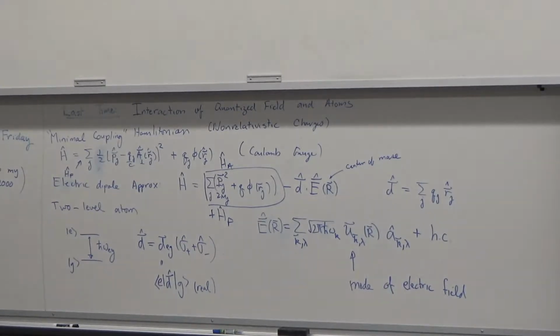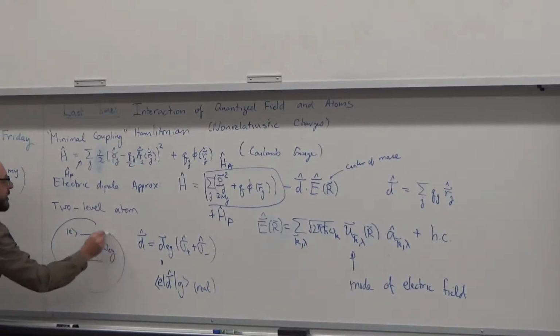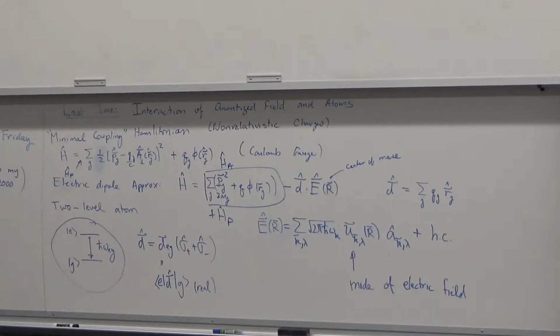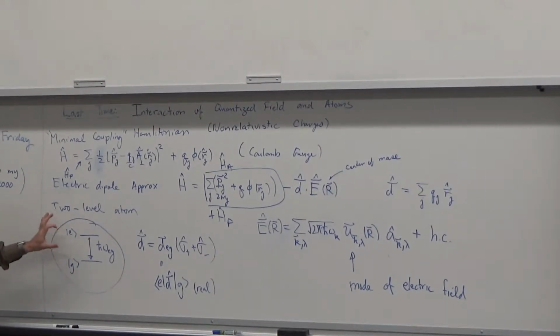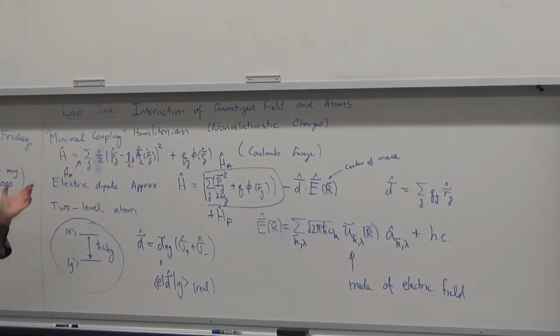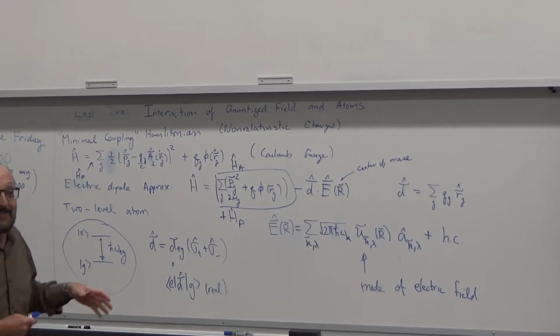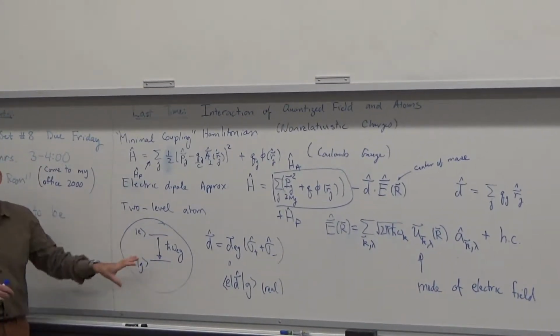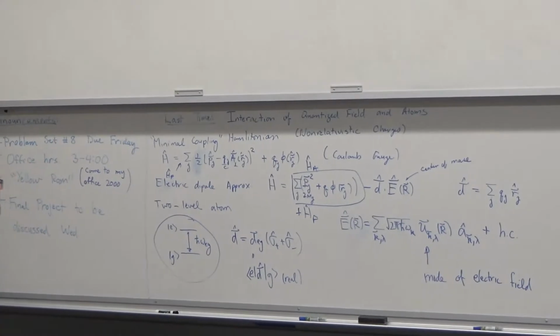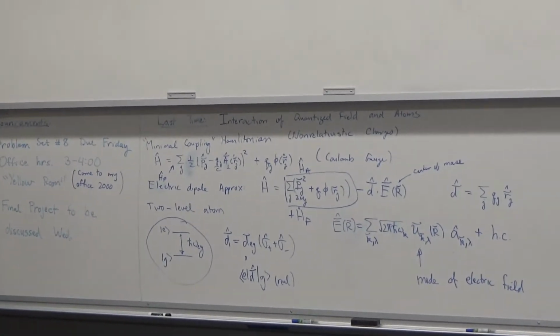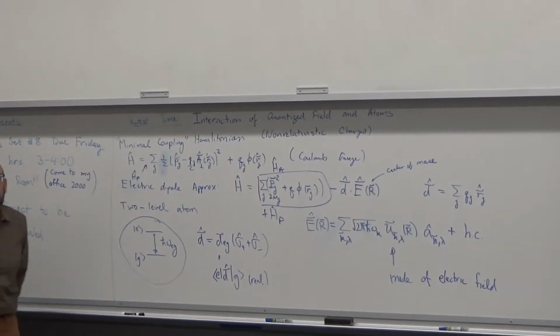And we further simplify by restricting our attention to a two-level atom. We have to think about that a little bit more carefully. When we looked at classical laser field interaction, the laser was tuned near this resonance. There is no laser now; we're just talking about the overall field. So we have to think about when it makes sense to restrict our attention to just this two-level system. We'll come back to that in a moment, but we're just going to do that for now and justify it later.